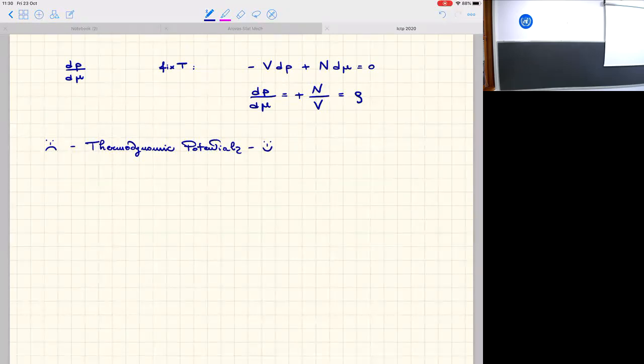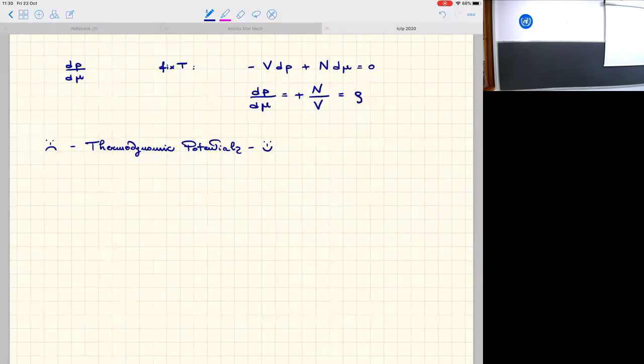So the idea behind the Gibbs-Duhem relations is that we take derivatives of intensive quantities to get another intensive quantity. So you're able to calculate derivatives of intensive quantities in a simple manner. And of course, the result has to be intensive.